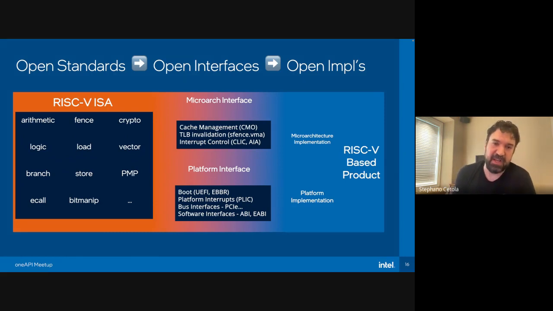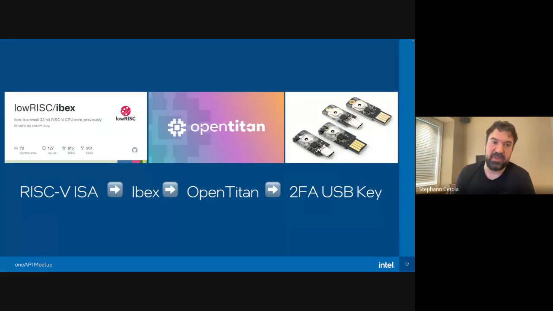A question that I would get a lot is, how is RISC-V going to create these implementation details such that we're not all fragmenting and going off and doing it in our own way? And I'll talk a little bit about that. They're called profiles and platforms. And I just want to give a quick example of stuff that's already happened that I think can lead to both products or completely open products.